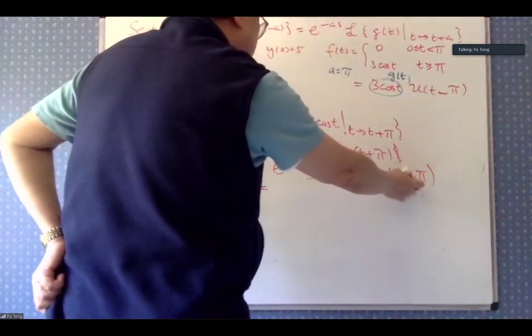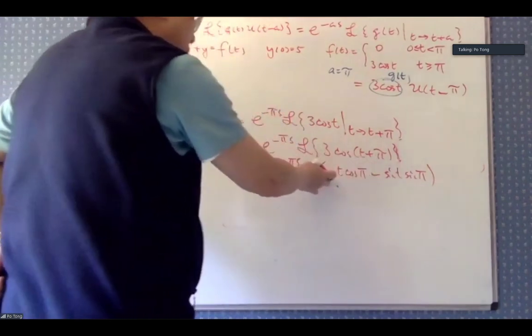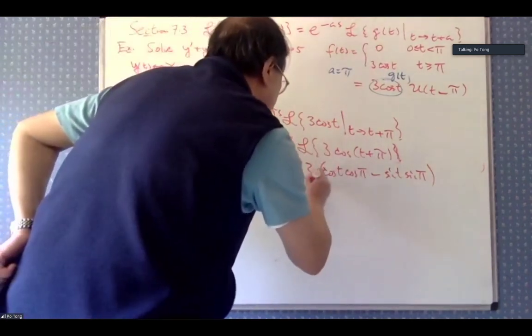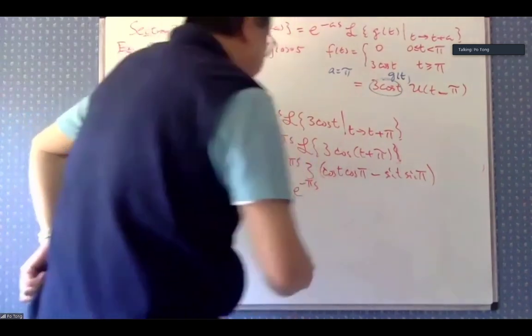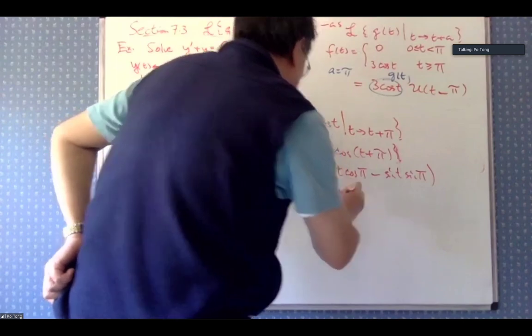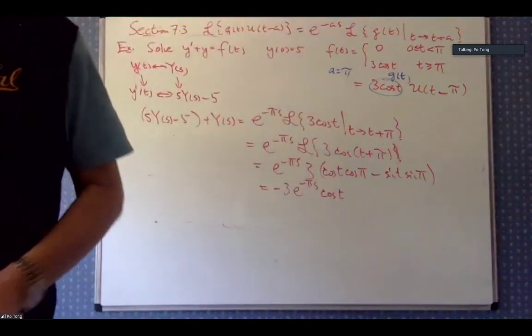This one is going to be 0, and this one is going to be minus 1. So minus 3 e to the minus pi s, cosine theta. I think that's correct. Is that correct, guys?